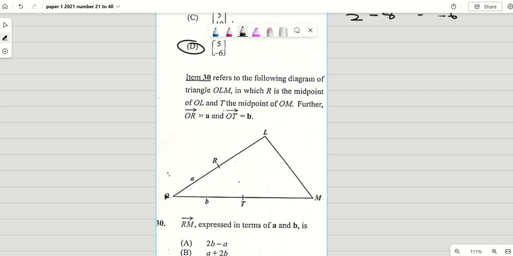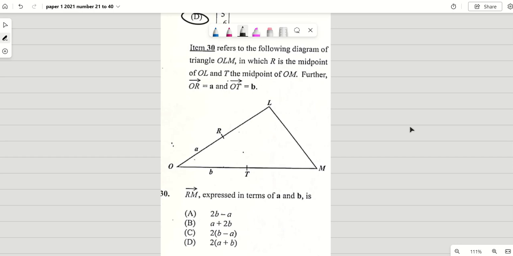Further, OR is A and OT is B. Express RM in terms of A and B. So we went from R to M. First off, if this is OT, and T is the midpoint of OM, then from T to M would also be B. So from O to M would be 2B.